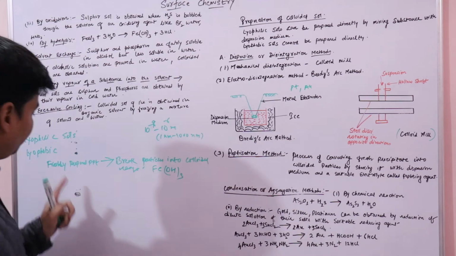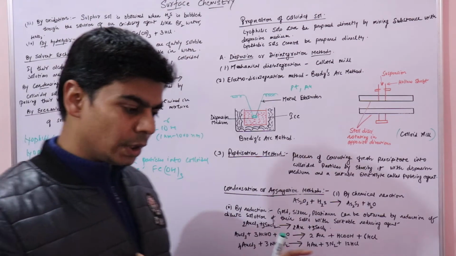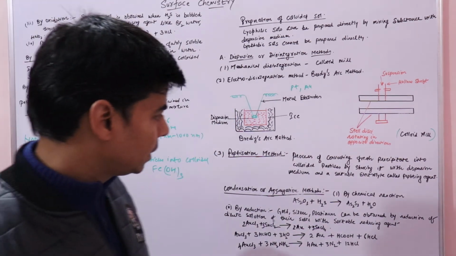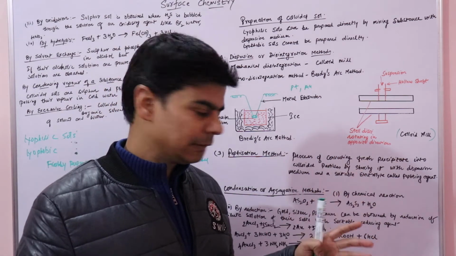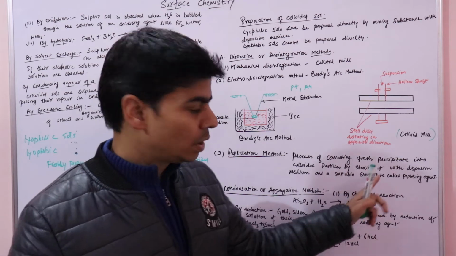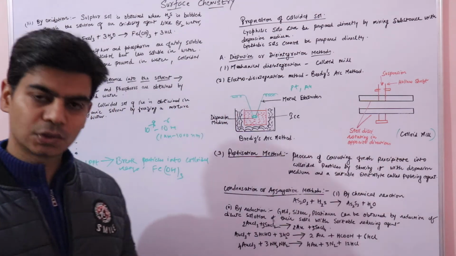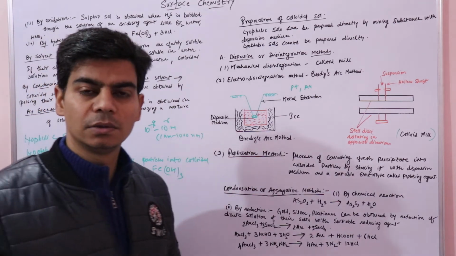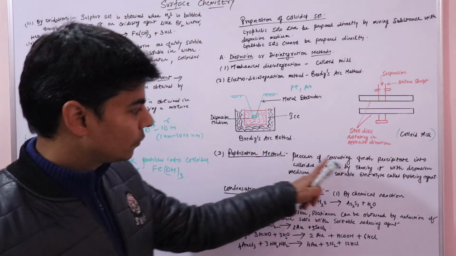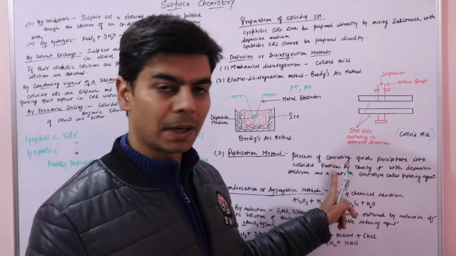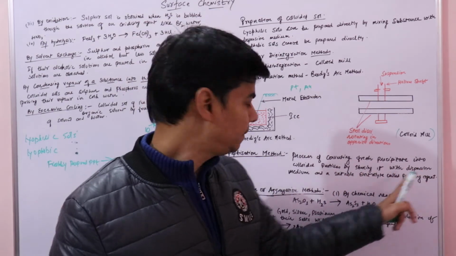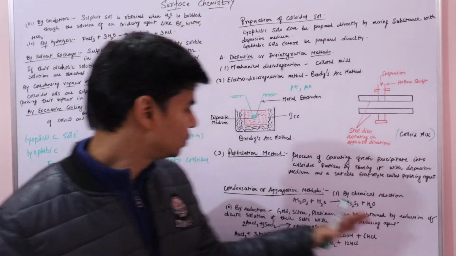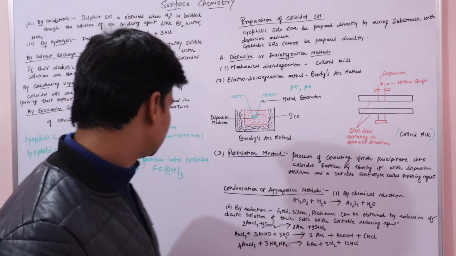When you convert a precipitate into particles of colloidal size, you use a suitable electrolyte. That electrolyte will convert this precipitate into smaller particles of colloidal size. So the process of converting fresh precipitate into colloidal particles by shaking it with dispersion medium and a suitable electrolyte. That suitable electrolyte is known as peptizing agent. So this method is known as the peptization method.